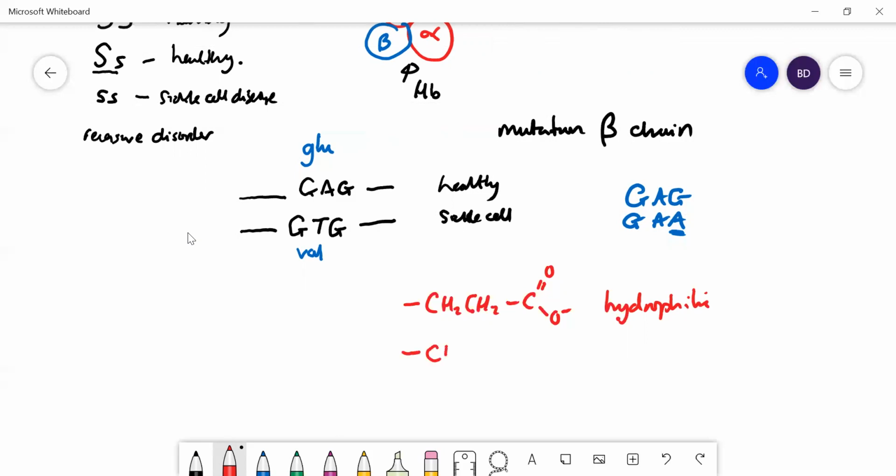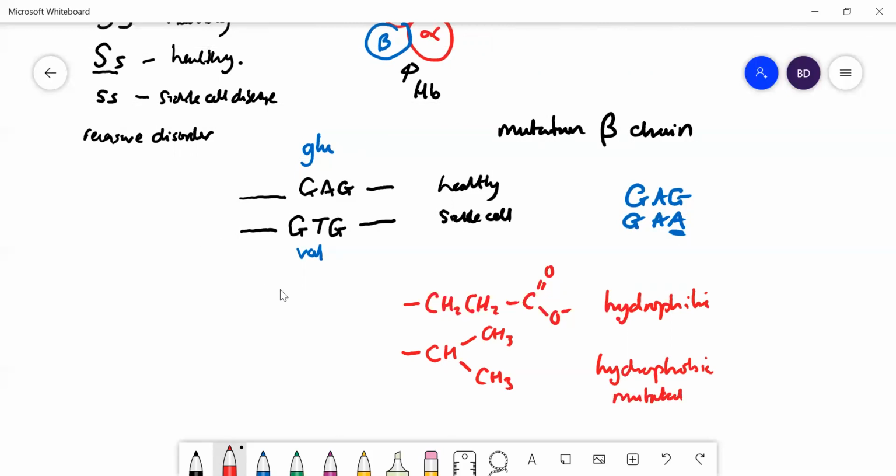You get a CH and 2 methyl groups stuck to the carbon there. That's very hydrophobic, and that makes all the difference. This is the mutated version in the sickle cell gene, and that has the effect.